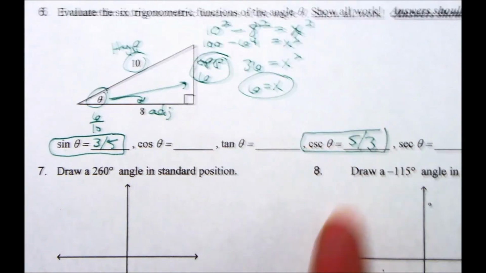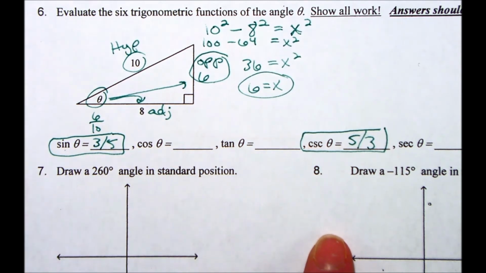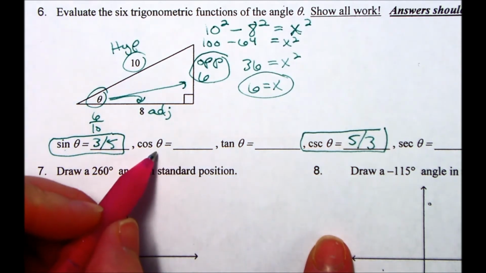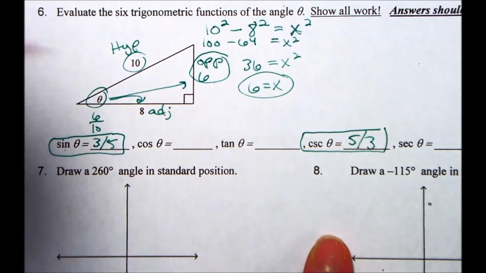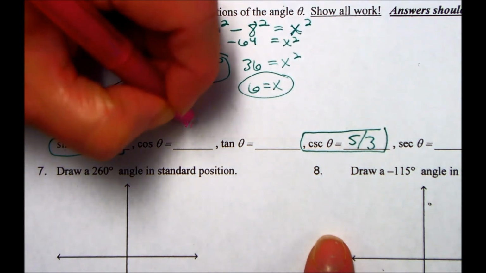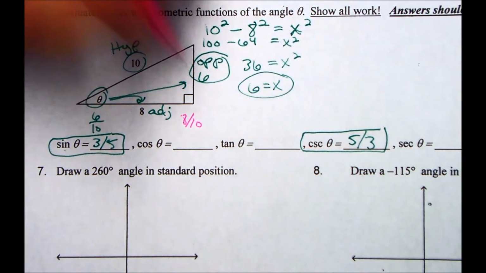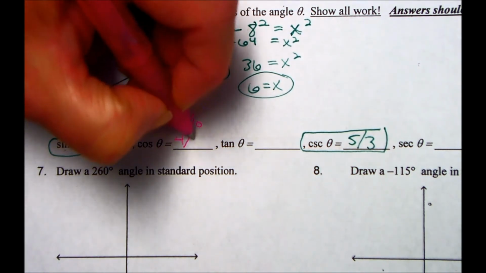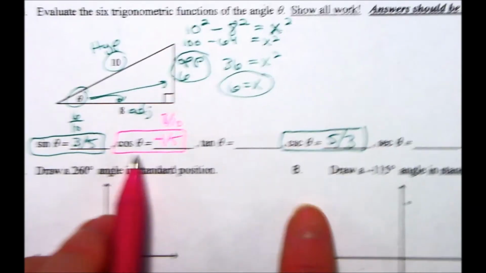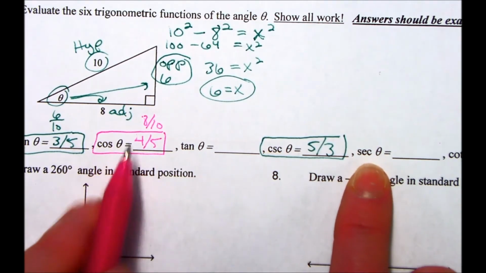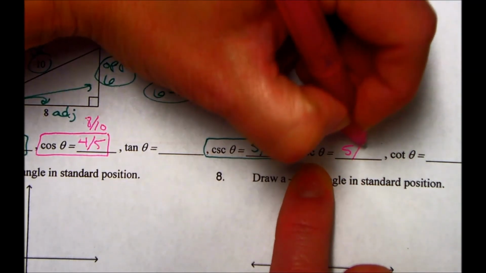So that one's done. Cosine is the adjacent over the hypotenuse, so 8 over 10. And 8 over 10, we can divide both of them by 2, which will give us 4 over 5. And then its reciprocal is secant. If we flip it, we get 5 over 4.